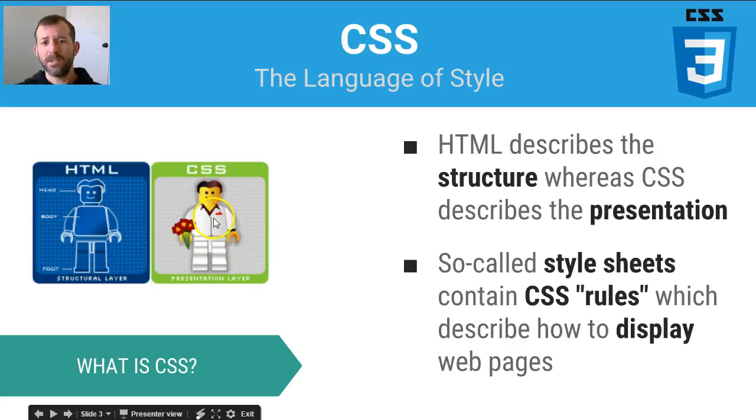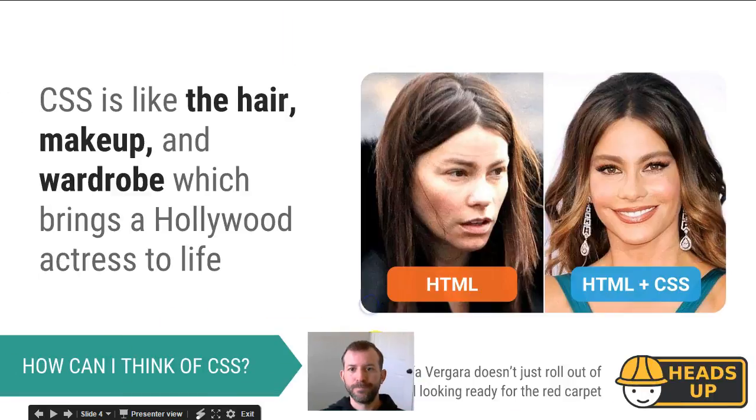See how he's got an awesome suit on and flowers, and he's ready to be presented to the world. CSS is the presentation. It isn't the content that goes on the page, but it is how to display that content. What normally happens is you create things called CSS rules, and you will place them in style sheets. These rules dictate how a page should be displayed, how that content should look.